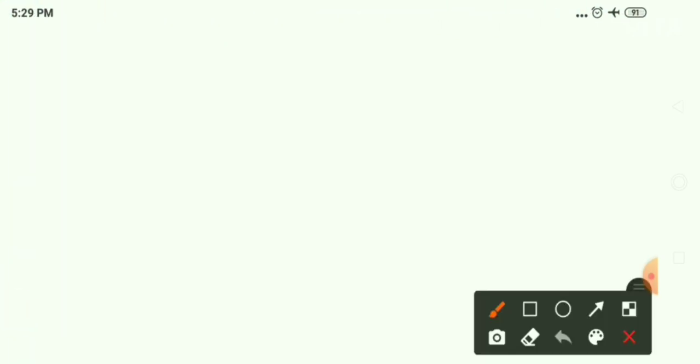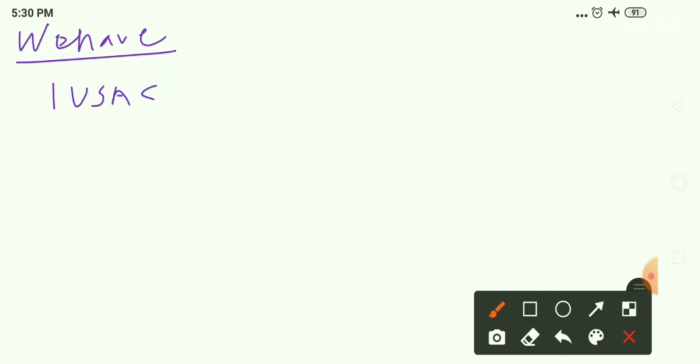First we will write here: given. Let me write it properly. We can write what we have. 1 USA dollar, this is the symbol of dollar, makes 39.70 rupees.